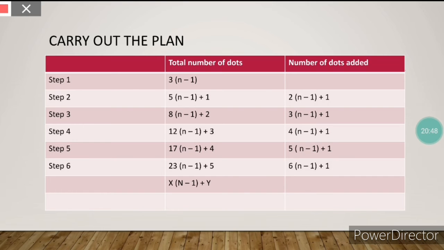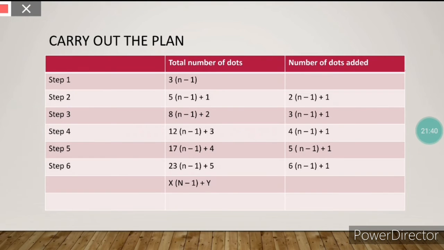Therefore, the total number of dots for the nth term can be solved using the formula x multiplied by (n − 1) + y, wherein x is the summation of the multipliers of (n − 1). And these are 3, 2, 3, 4, 5, and 6.